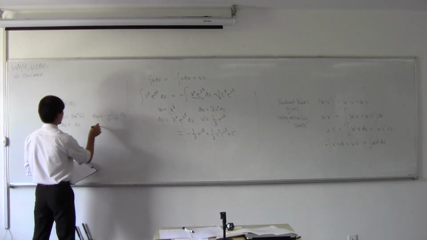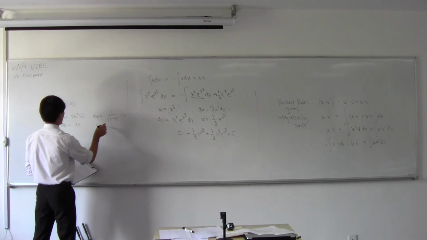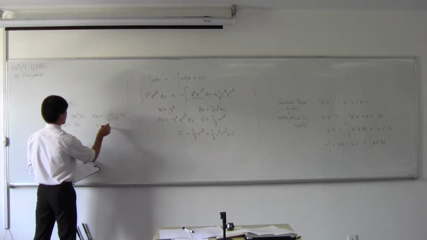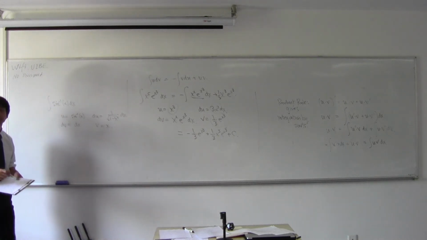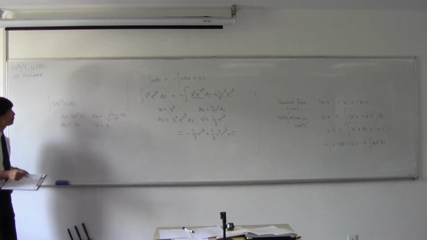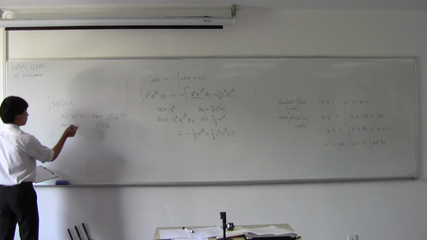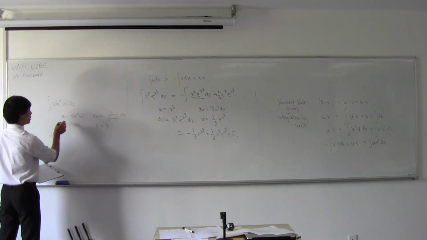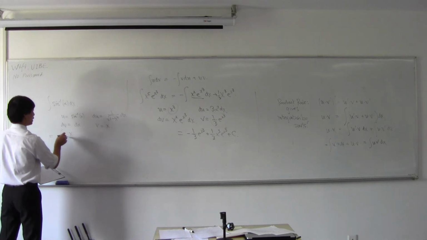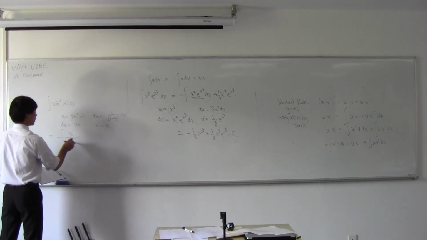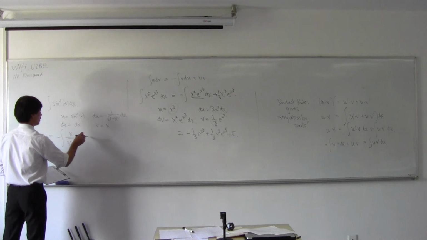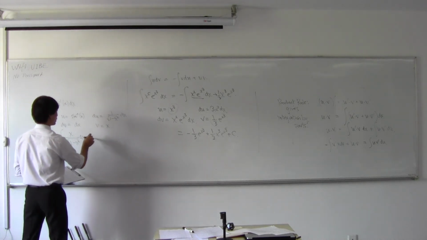And then v is going to be x. Okay. So again, writing this out, we're going to get uv minus the integral of v du plus uv.